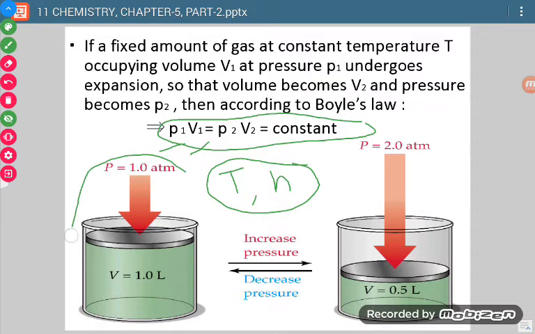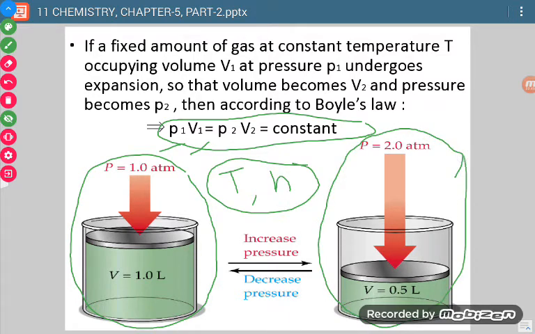Suppose this is the initial condition and this is the final condition. V1 is 1 liter and P1 is 1 atmosphere. What is their product? P into V is 1 into 1, which is 1.